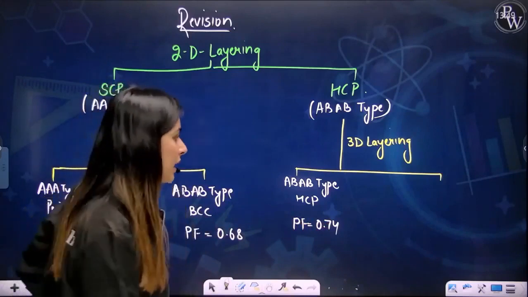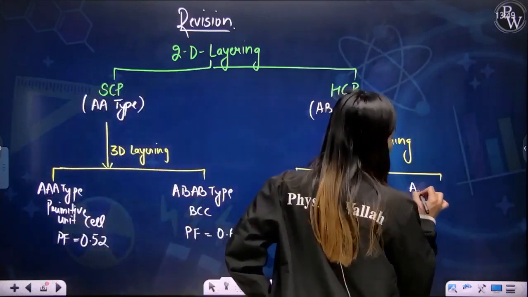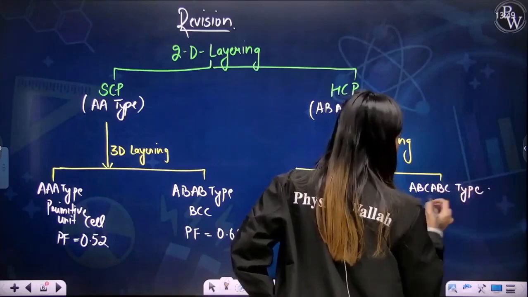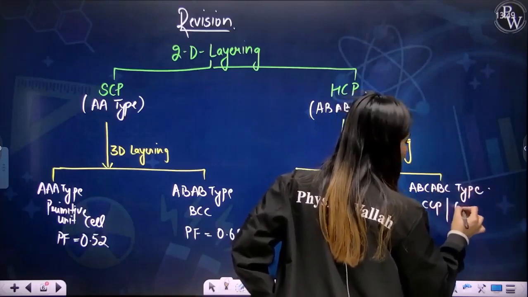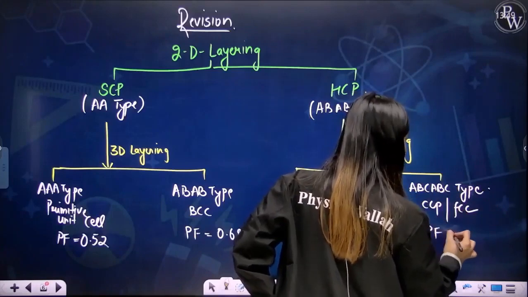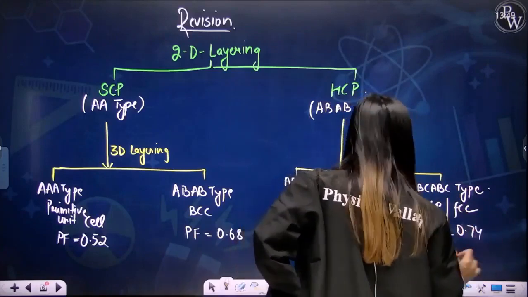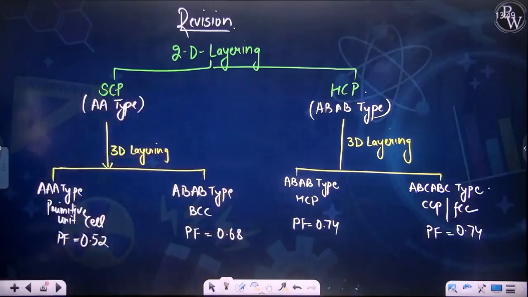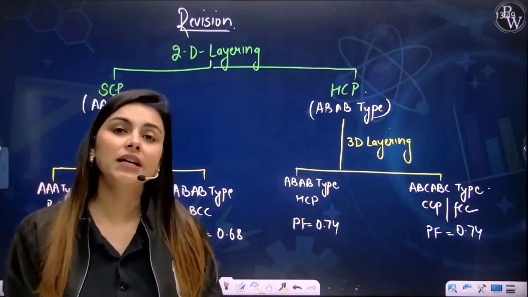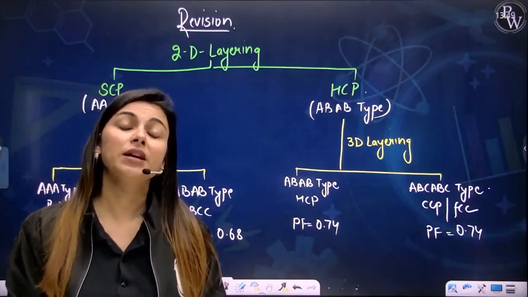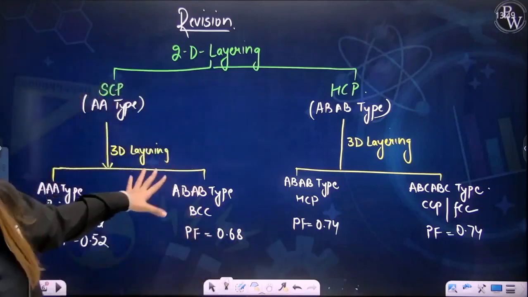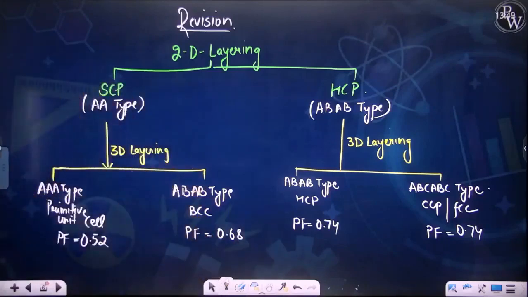I told you. Perfect. And if we talk about here, it could be ABC type of layering. And this would give me CCP or FCC lattice, and again the packing fraction would be 0.74. This is the complete flow chart that we have studied in the layering part. And this is very, very important, let me tell you. I hope you're clear with this. Perfect, my dear students. First write this flow chart and then I'll show you the video.